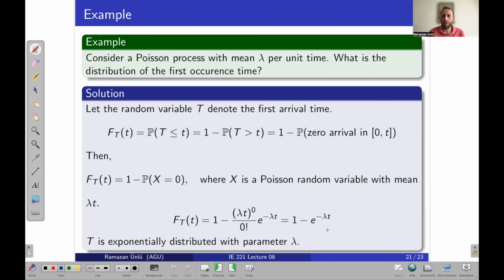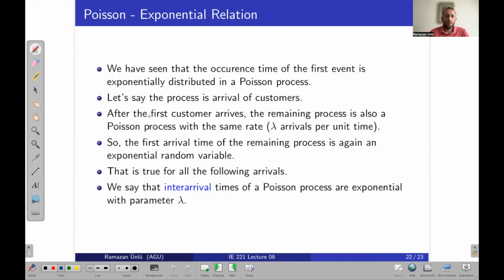We have already calculated this part. We have seen that the occurrence time of the first event is exponentially distributed in a Poisson process. The process itself is a Poisson, but the occurrence time of the first event is exponentially distributed.